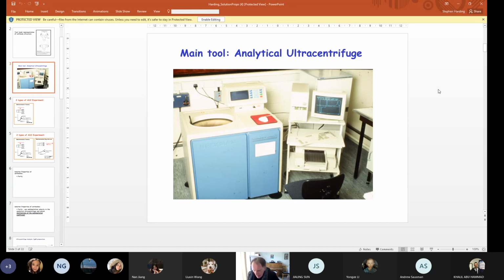So am I correct in assuming, talking to the MSc Biotech students now, that you've not met this type of instrumentation before? You may have met techniques like electrophoresis or chromatography, but not instrumentation like this before. Is that a correct assumption, folks?